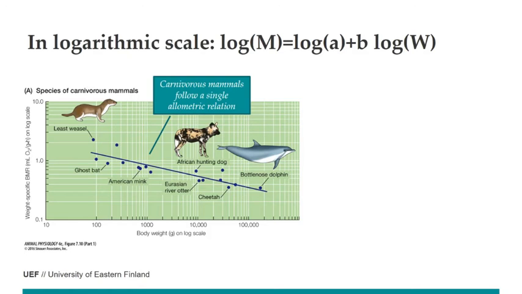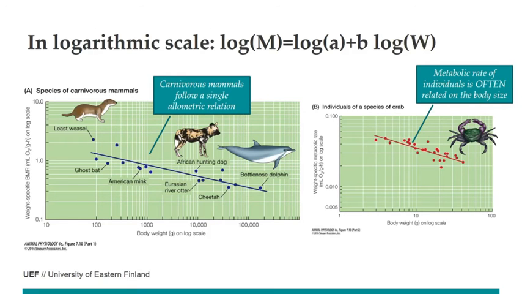So large animals use less oxygen per gram per hour than small animals. Or it can also be used to compare individuals, because often it's related to body size. So large individuals use less oxygen per gram per hour than small ones, but it's written in capitals because it doesn't always have to be that way.